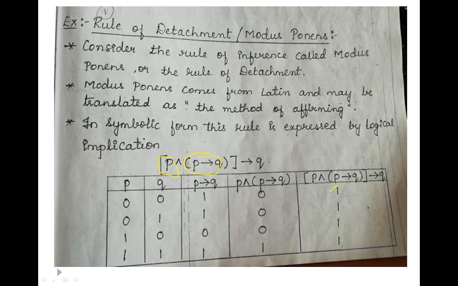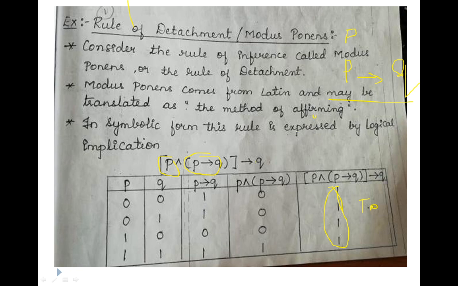Then final. So look here, all the values are 1, which means it is going to be a tautology. When it is a tautology, we can say it as, I'll write here, first P I'll take here, then I'll write P implies Q, then a divider. After the implication, whatever is there, that is the conclusion.